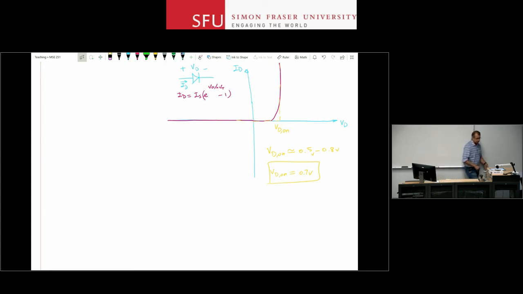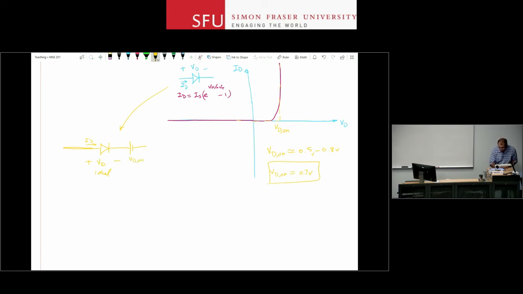In other words, when I'm solving my circuits, I'm going to assume that I have an ideal diode, which is a short circuit when it is on and an open circuit when it is off. So this is ideal. But this ideal diode has its properties shifted to the right a little bit. So I'm going to put a voltage source in series with it to represent that shift. This voltage source value is VD on.